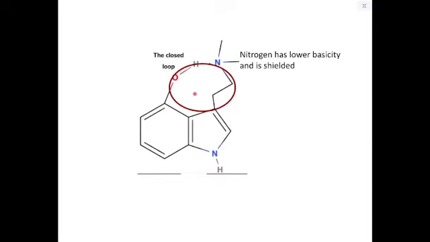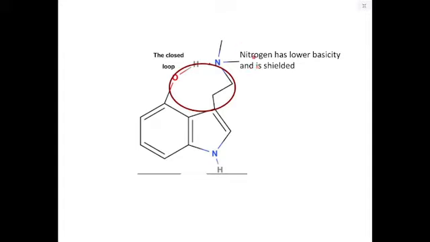So it is bound, it is shielded, and because you have this kind of loop, once it's shielded, then it means it will still be metabolized, but you lower the rate or the accessibility of the monoamine oxidases to this nitrogen, in order to do, of course, first of all, oxidative N-dealkylation, and then to do oxidative deamination.